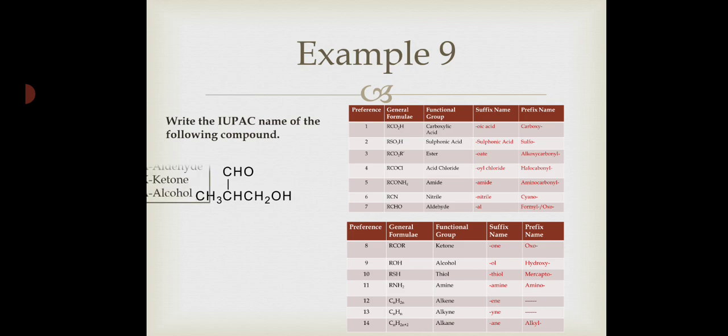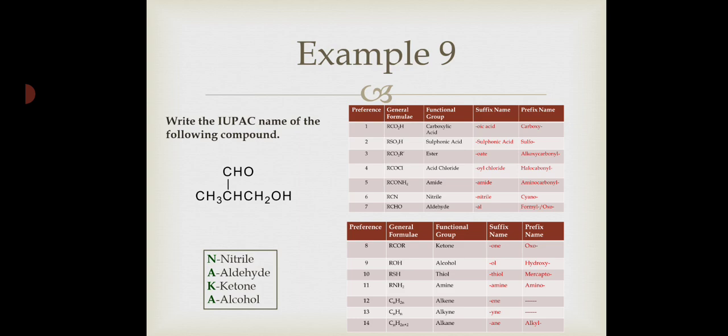So, nitrile, aldehyde, ketone and alcohol. Aldehyde gets preference over alcohol, and the numbering should obviously be like this. So aldehyde will be the principal functional group and we have to use the suffix name, whereas alcohol and methyl groups will act as substituents and we have to use their prefix name.